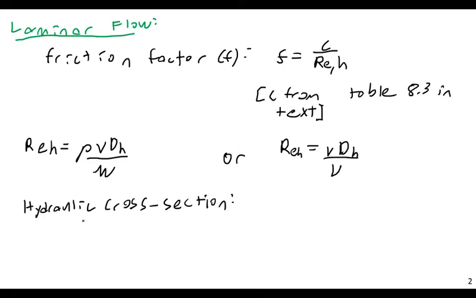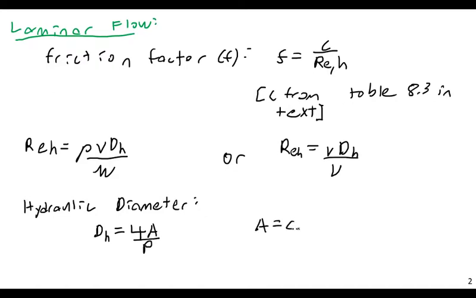The hydraulic diameter is going to be d_h equal to 4A over P, where A is the actual cross-sectional area, and P is the wetted perimeter.